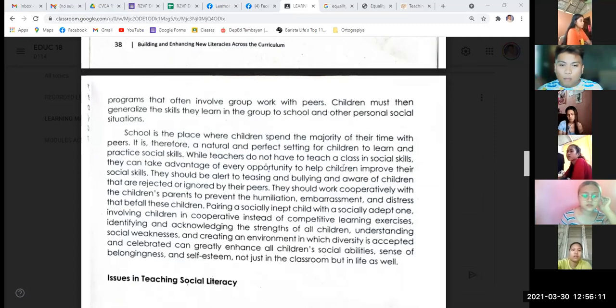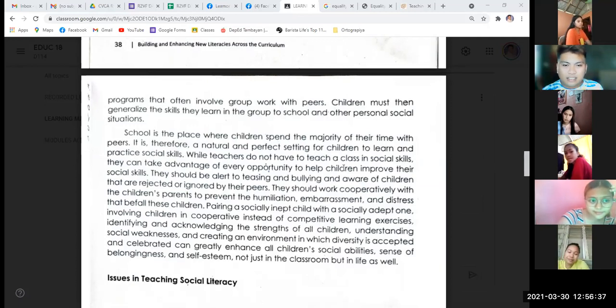So I want you to go back there. Later on, I'll post it in your Google Classroom to go back there and have a reading about it because it's very important. Again, I would like to repeat to everybody that what you are studying since first year up to today, up to 2 years from now, is interrelated with each other, and it's very important towards your understanding through your professional education subjects.